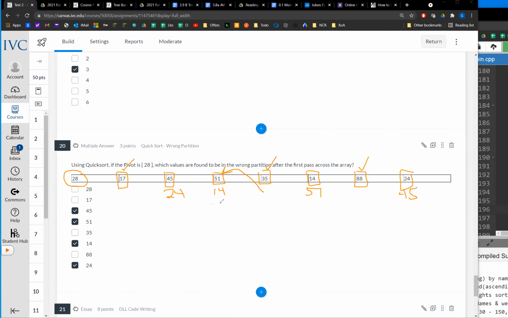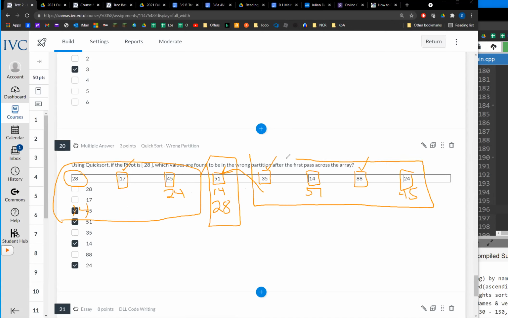That causes the pivot to swap over here with where 14 is. 14 goes to the front. And we now have 28 sorted. 14, 17, 24 on the left-hand side, smaller than the pivot, 28, 35, 57, 88, and 45, all greater than the pivot.